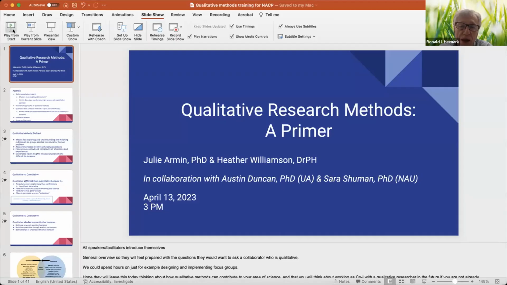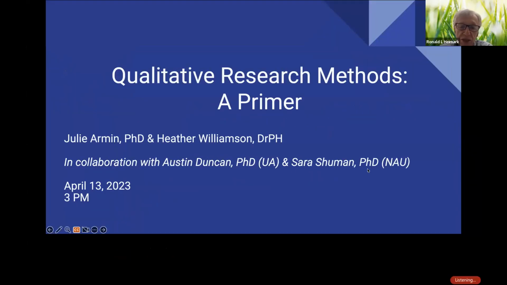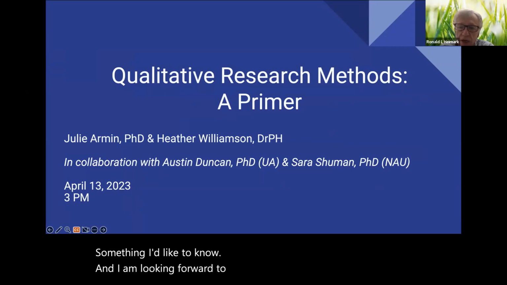I'm looking forward to this guides workshop on qualitative analysis, a primer. It's something I don't know very much about, something I'd like to know more about, and I am looking forward to hearing what Heather and Julie have to present.